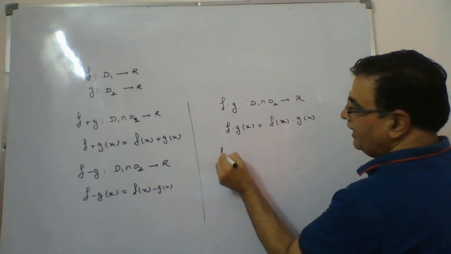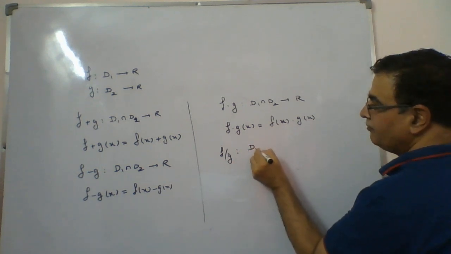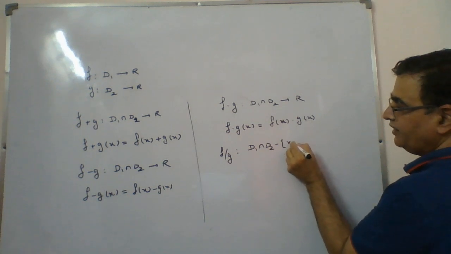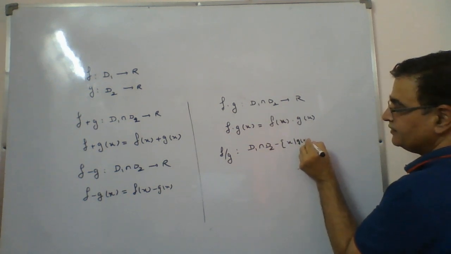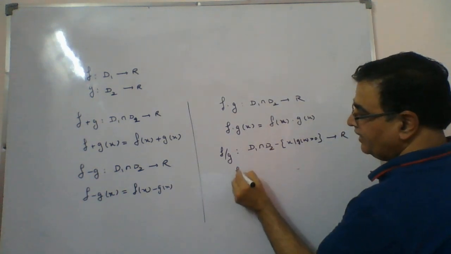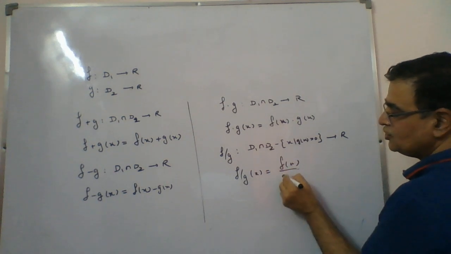Then same way f by g, if you take, the domain will be d1 intersection d2 minus those x where g(x) is 0, to r, and then (f by g)(x) will be f(x) by g(x).